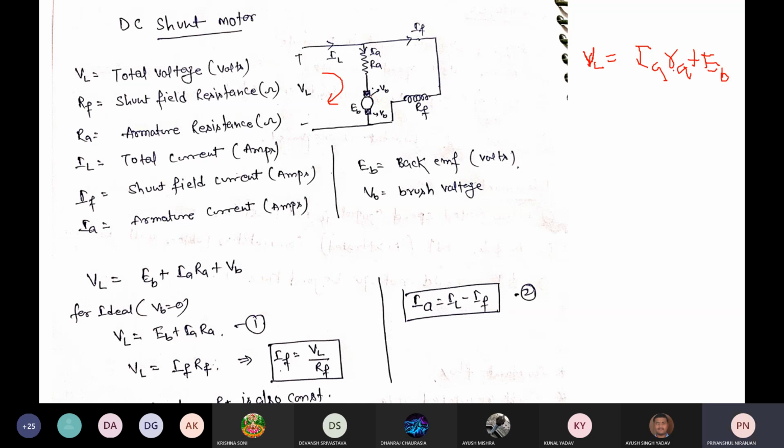EB, what EB? Is this equation complete or not? But there is also VB, because the brushes also drop voltage.